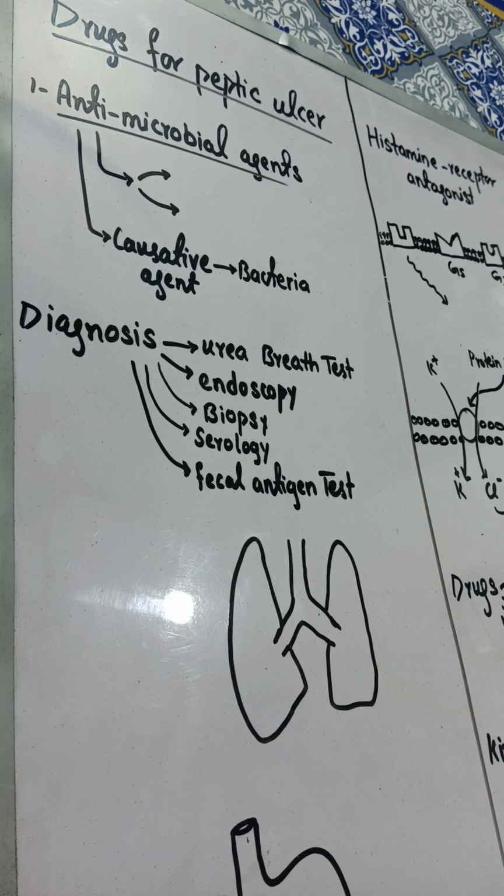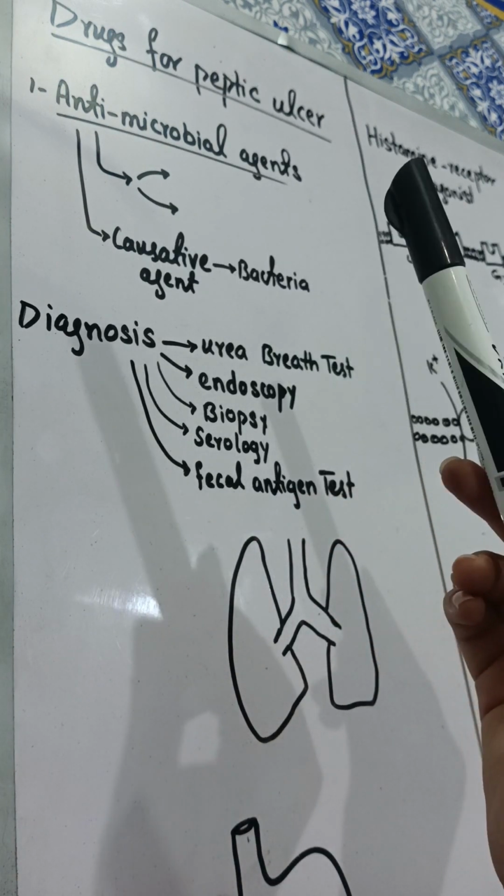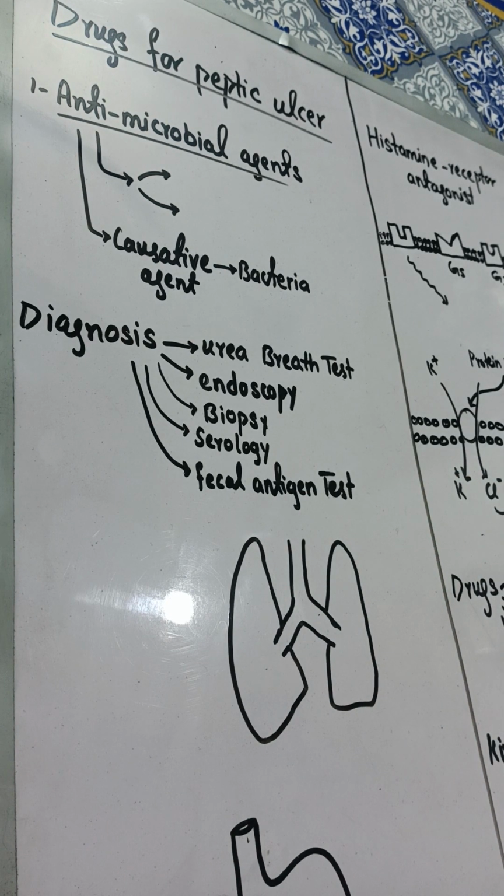So this is me, Alia Bhai, and in this video we are going to start the topic of drugs which are used to treat your ulcer. In the previous lecture we discussed what an ulcer is and what the types of ulcer are: peptic ulcer and duodenal ulcer.